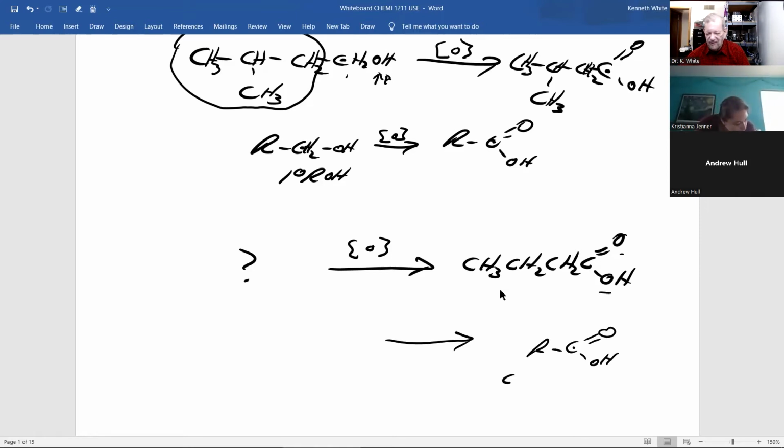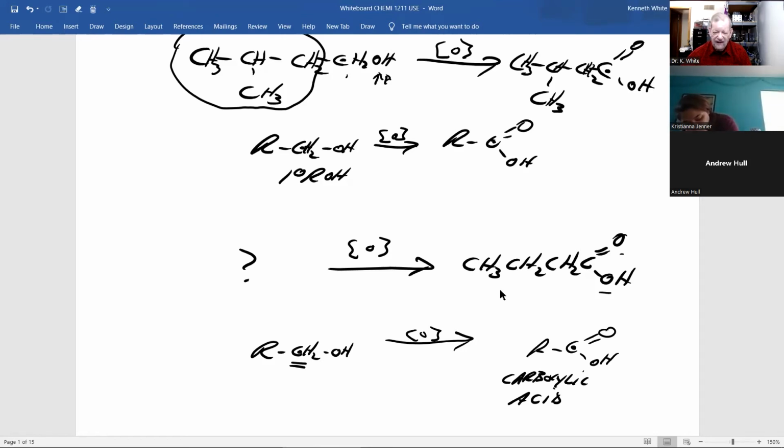So, a carboxylic acid. And what do you oxidize to make that? A primary alcohol. So the carbonyl carbon here starts out as the primary alcohol carbon.